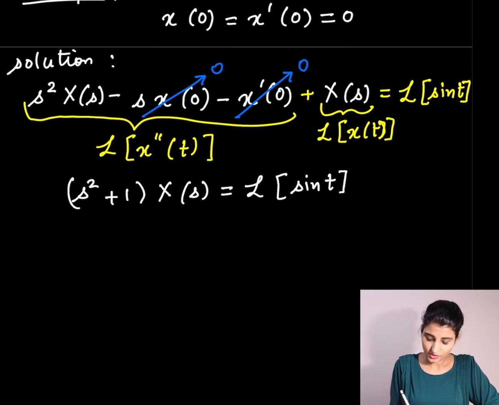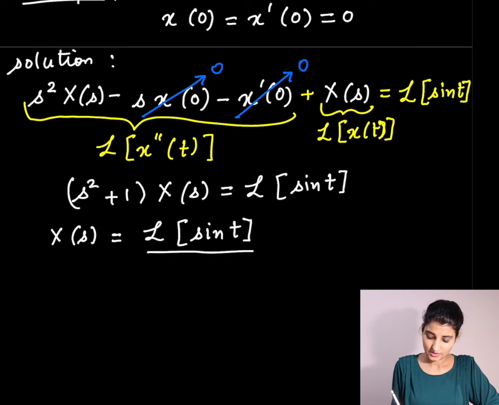So we solve for X(s) and we get the Laplace of sine t divided by s squared plus 1.